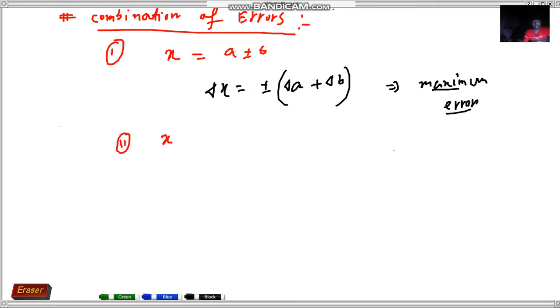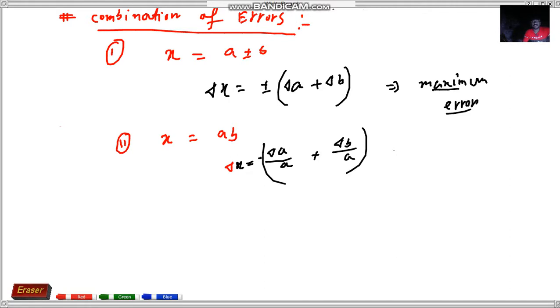Similarly, if we talk about the multiplication of two quantities, then here the combination error will be delta x equal to delta a by a plus delta b by b. So the fractional errors of these two quantities are added, and always with a plus minus sign.